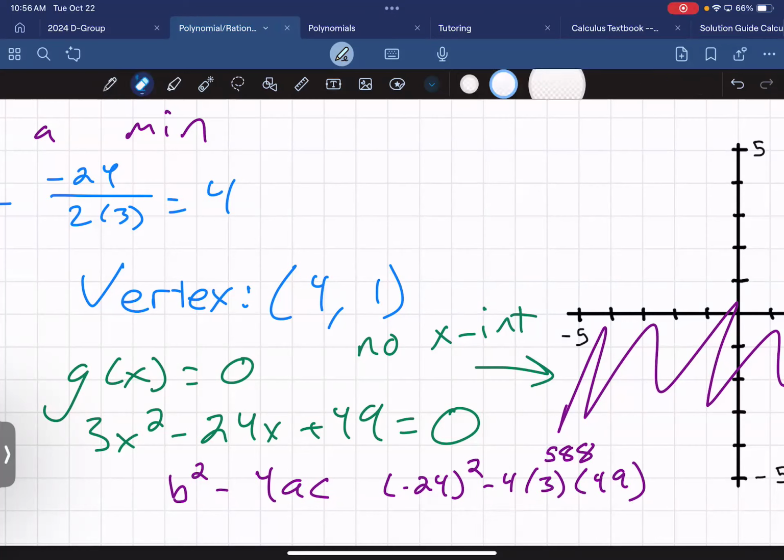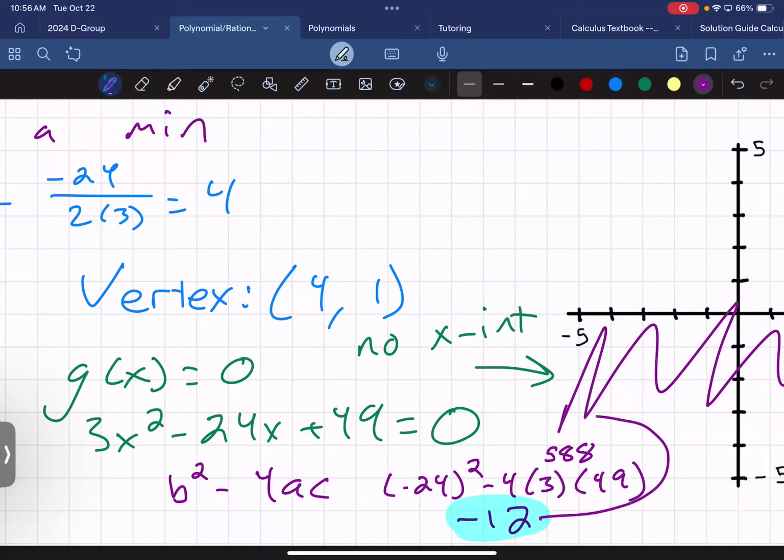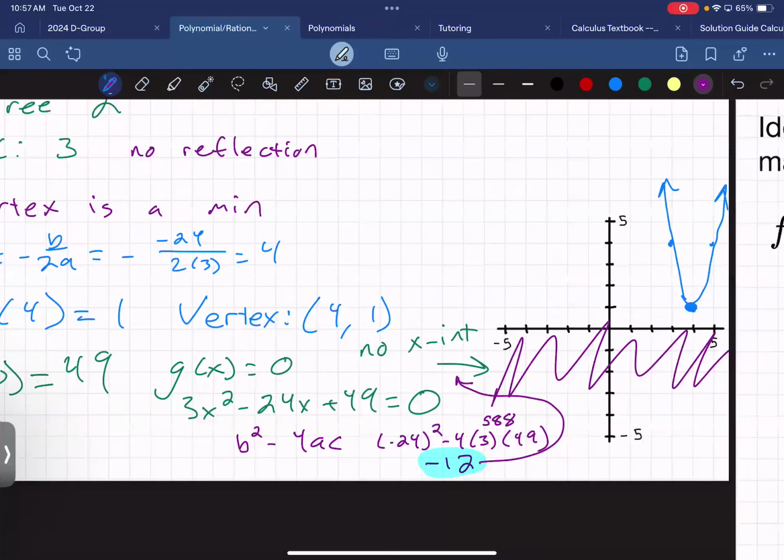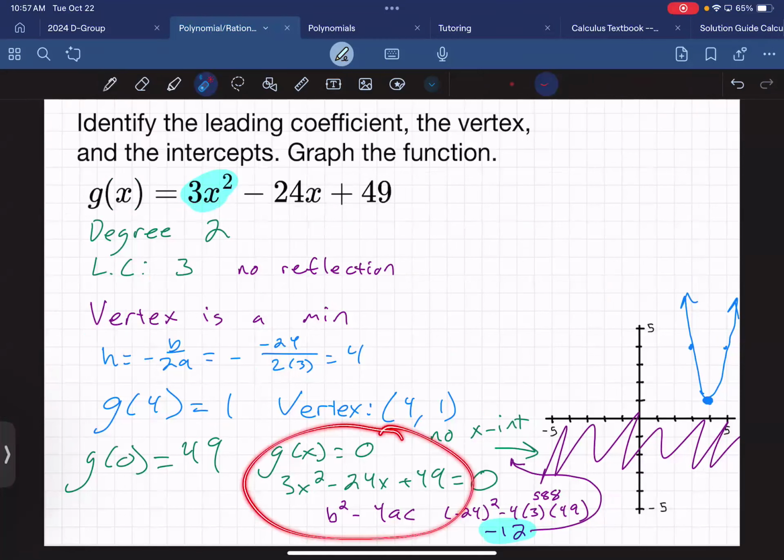This here confirms that we do not have x-intercepts. It's in agreement with what we see up there. This is one of those places where you can do all the work to find it, which I would hope we're able to do when it comes to finding intercepts, do all that work and just show, hey, I have an i, no x-intercept, or you can write out why you don't have an x-intercept.